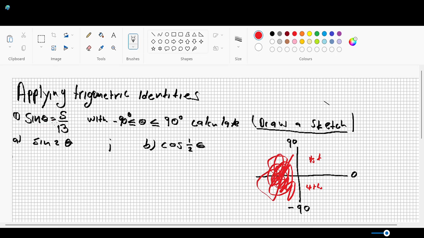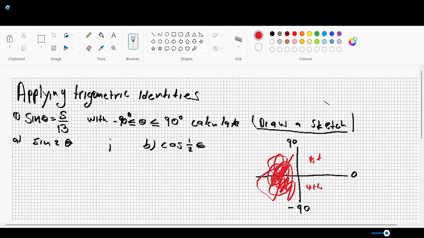When we look at this information, sine is positive. So our answer on the other side is positive 5/13. Meaning you must choose between these two quadrants, the first and the fourth, where sine is positive.